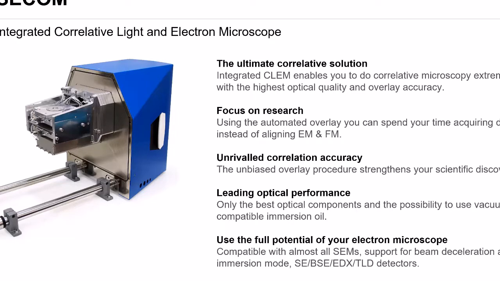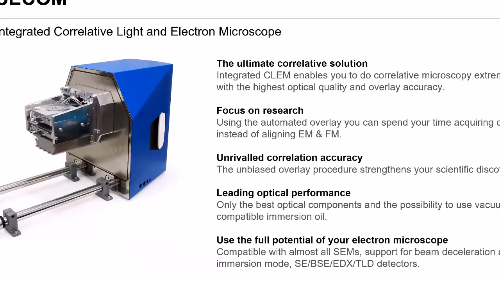It also offers the possibility to use vacuum-compatible immersion oil for high NA fluorescence. And the SECOM is compatible with almost all SEMs. So there's also support for beam deceleration mode, immersion mode in the SEM, and for using a variety of detectors like the secondary, backscattered, EDX, and in-lens detectors.